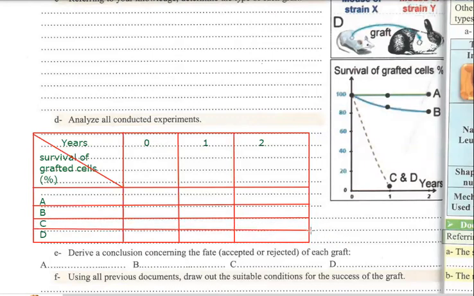Now we start filling in the table. Look at the graph. At time 0, the first year, all of them started with 100%.